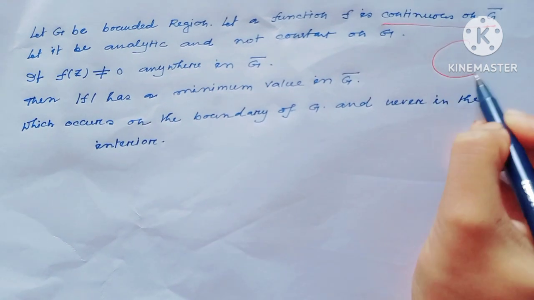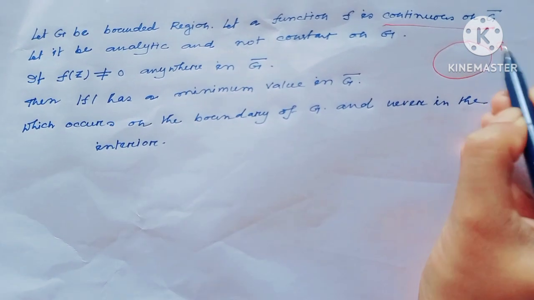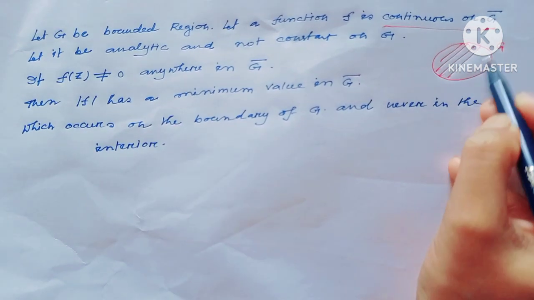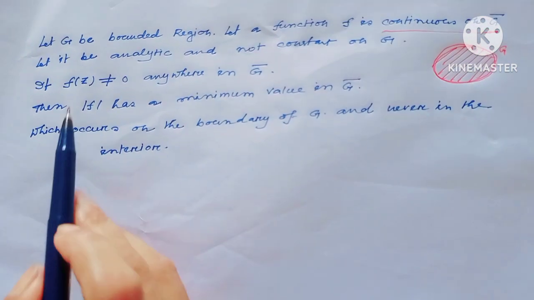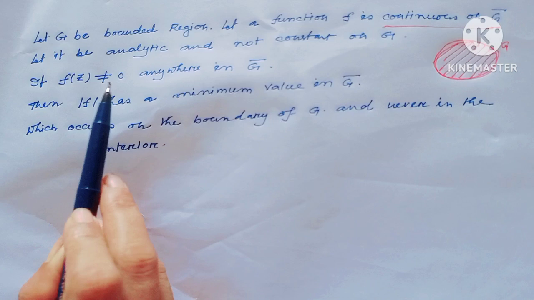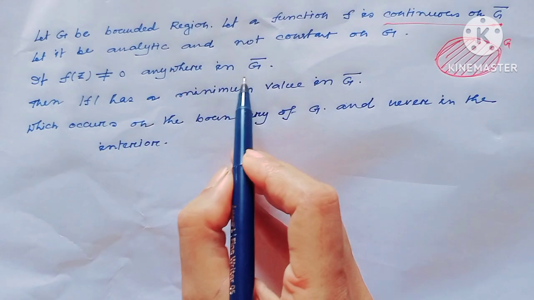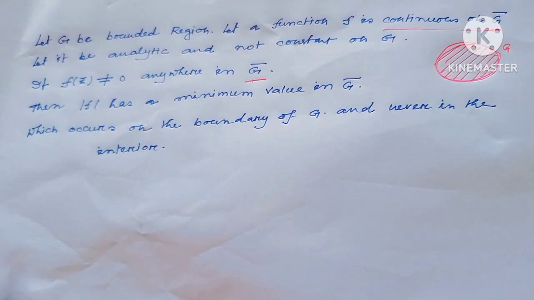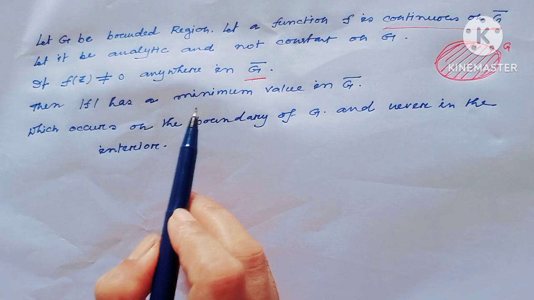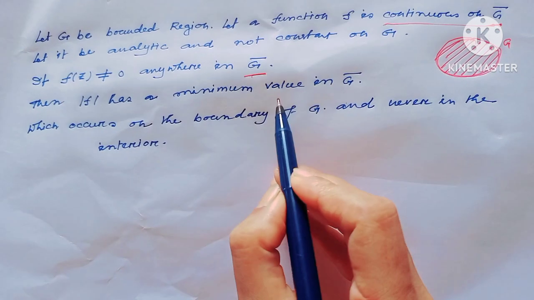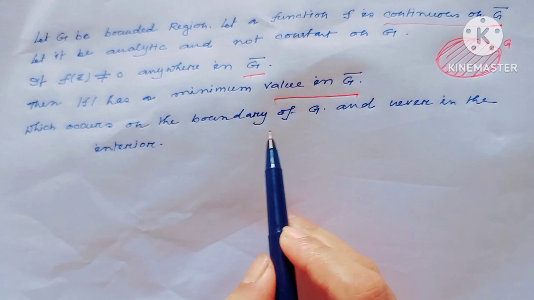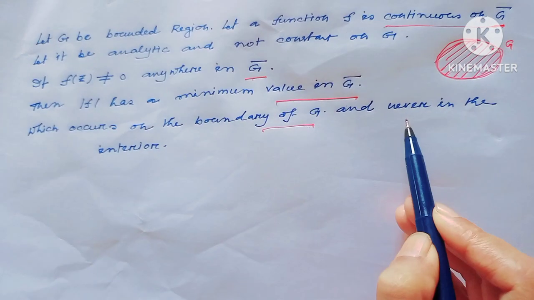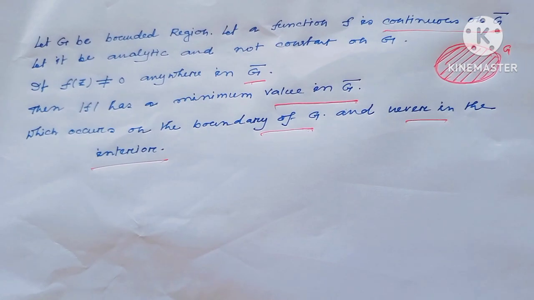If we consider this as Z, it is continuous on Z closure, meaning the whole Z, also including the boundary. If f(z) is not equal to 0 anywhere in this Z closure, then the modulus of f has a minimum value in this Z closure, which occurs on the boundary of G and never in the interior.